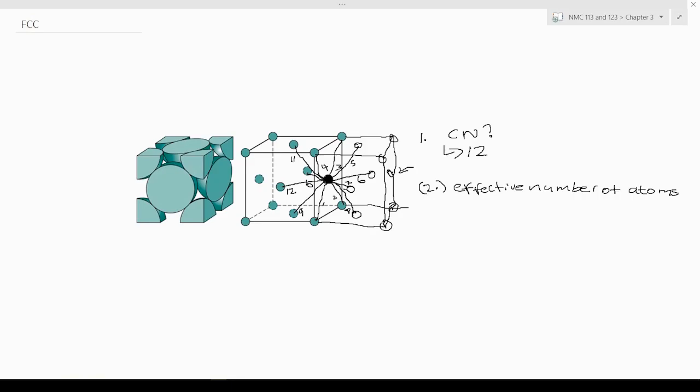For an FCC, being able to count the effective number of atoms, you have 8 corner atoms, and like I said, the first thing you do is to get the contribution factor, right?